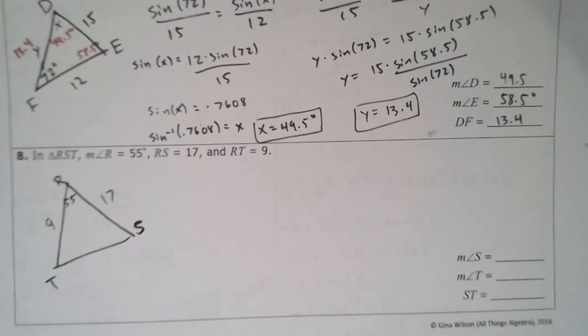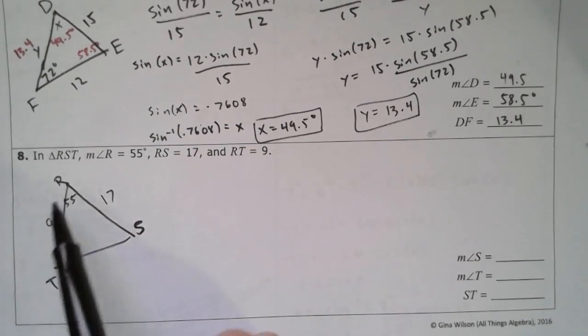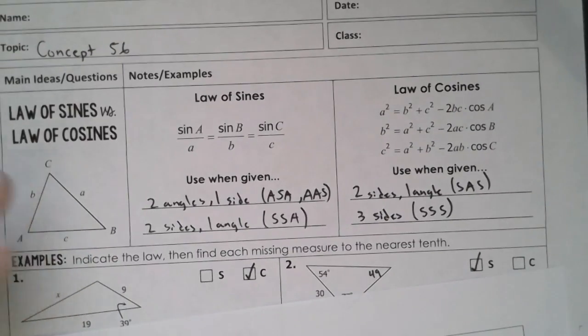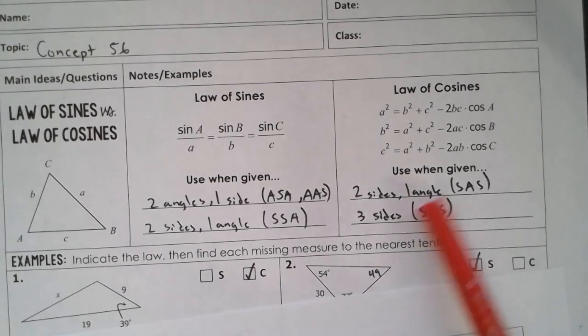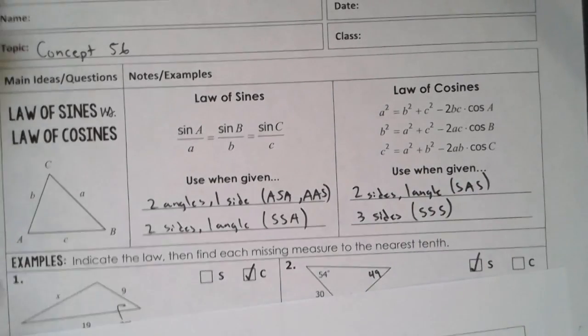So I have side, angle, side, right? Side, angle, side. So which one should I use? If I go here, which one is side, angle, side? It's right here. It's law of cosines. So I should approach this problem with law of cosines.